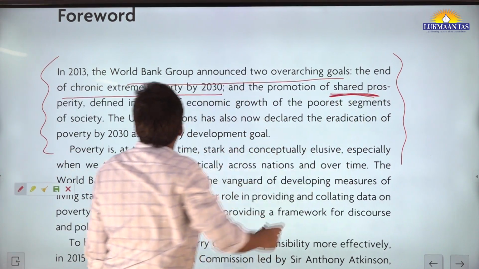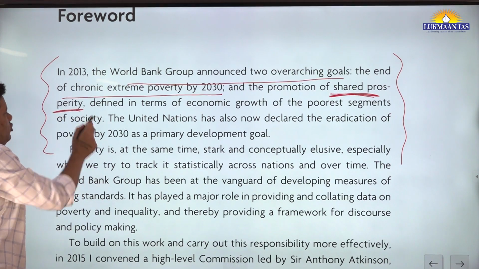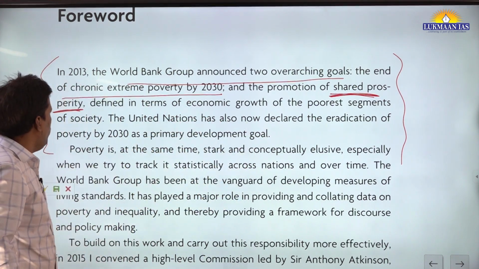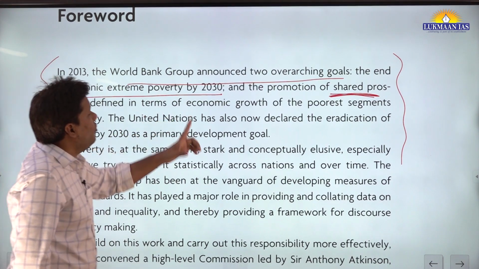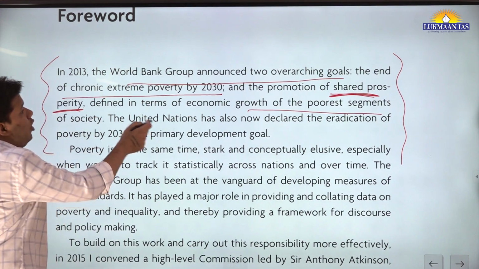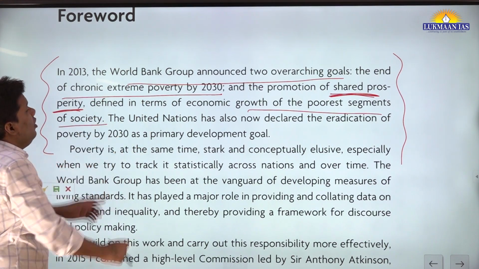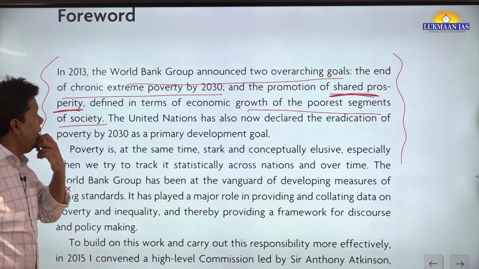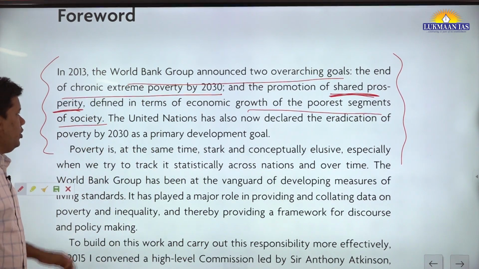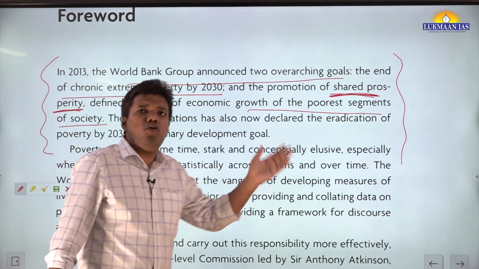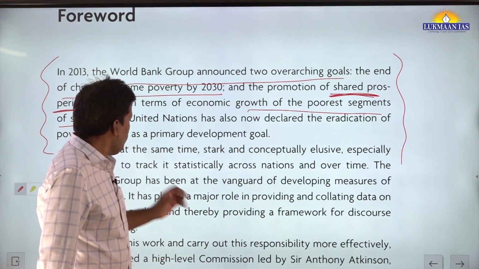If you write these keywords in mains or essay, I am sure you will get one or two marks extra. Shared prosperity is defined in terms of economic growth of the poorest segments of society. And the United Nations has also declared reduction of poverty as the primary development goal, through SDG 1.